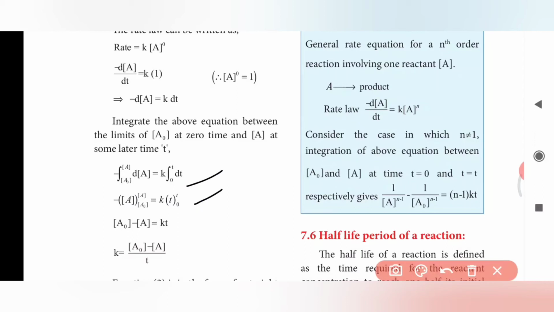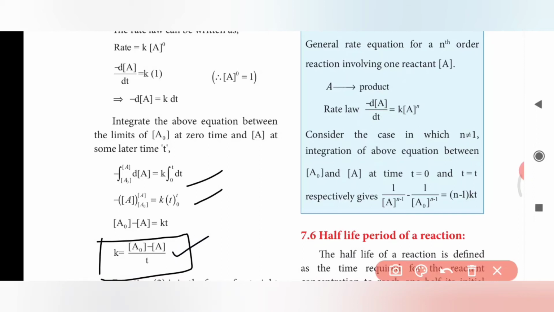If we bring this t to the left hand side, we will get k equal to A naught minus A divided by t. It is nothing but the formula for zero order reaction. If some problem asks you to find the zero order reaction rate constant, you have to use this formula.